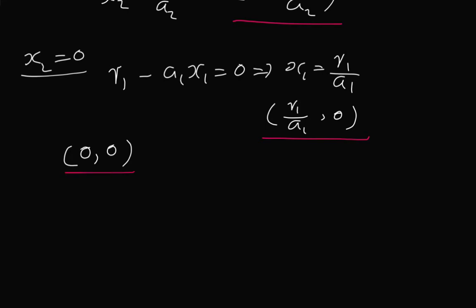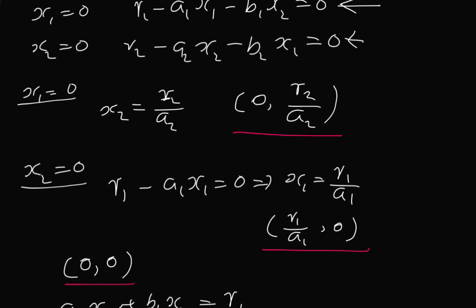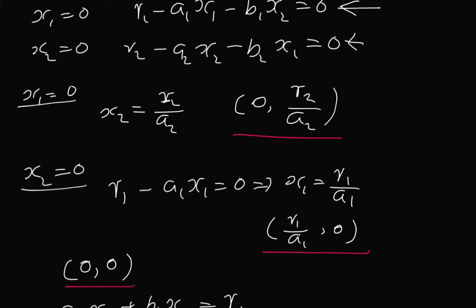Not only the three points, we have one more. How do we find it? Okay, you see we have two equations. It means a1 x1 plus b1 x2 equals r1.